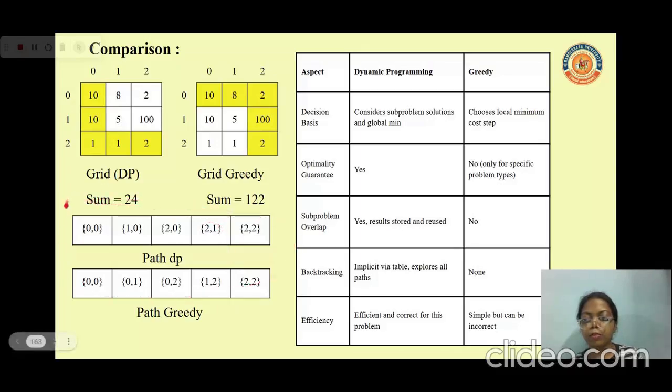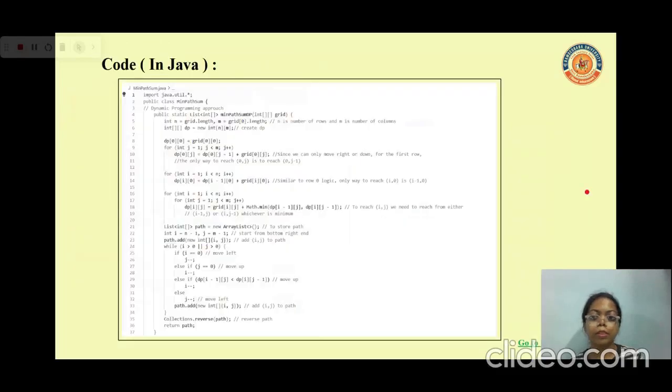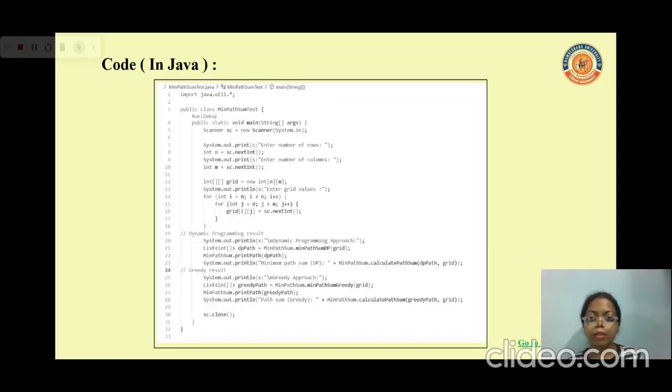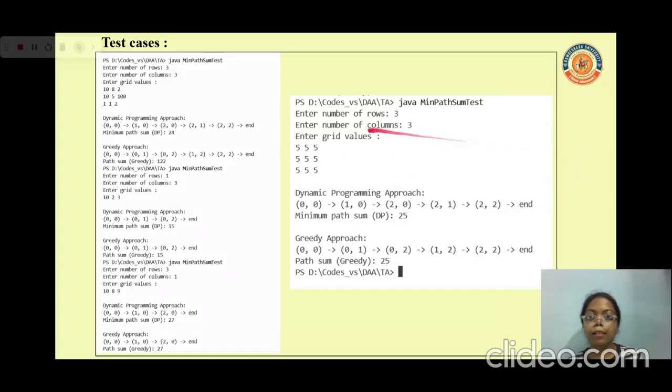And of course, as we are following different approaches, we have got different paths, and the result difference is also significant. Here is the code in the dynamic programming approach and the greedy approach as well. You can look at it, and these are the test cases.